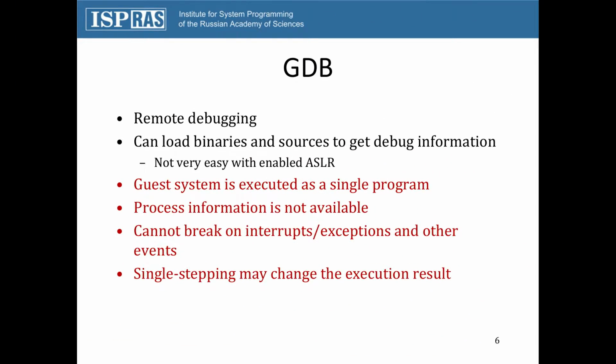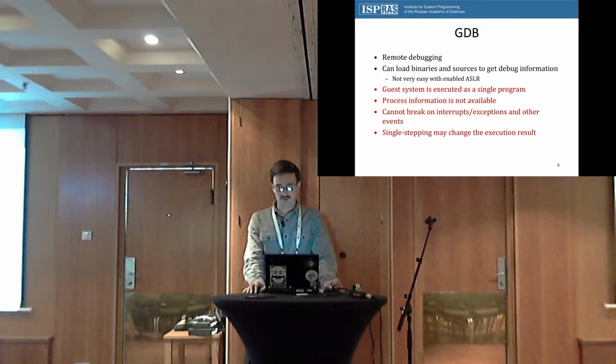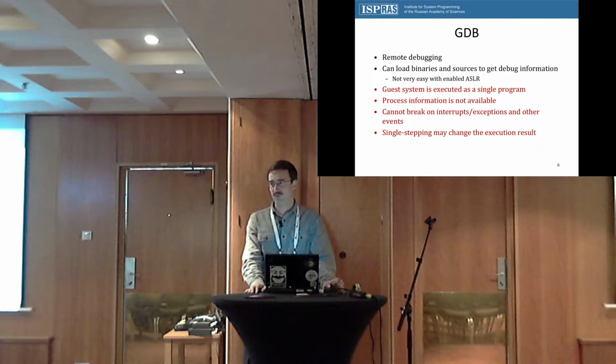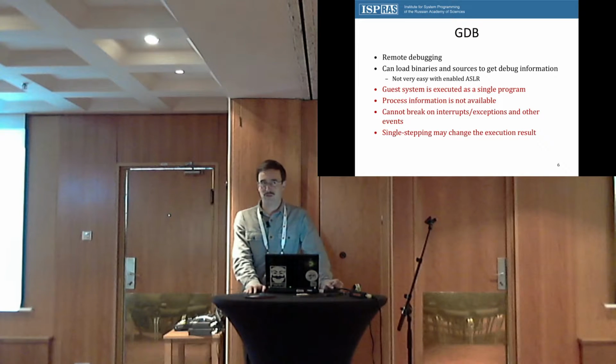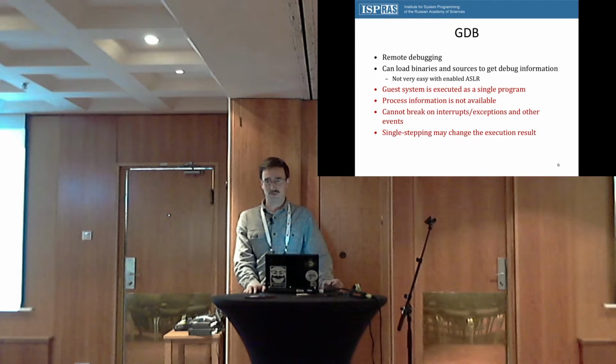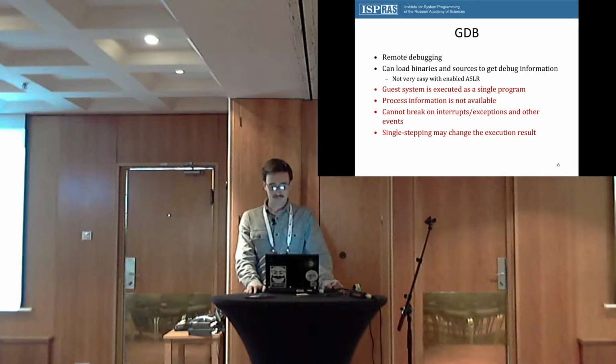You also can use GDB. There is an interface for remote debugging in QEMU, but it has several drawbacks. For example, you can load the binary into GDB to match with the executed code, but you should guess the address where this binary is located.